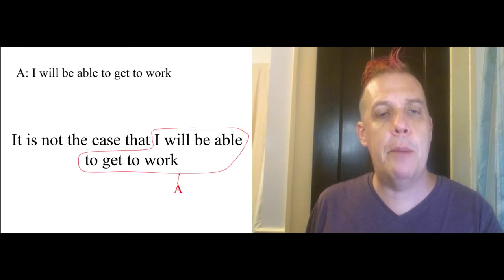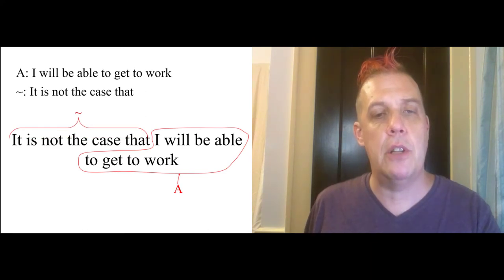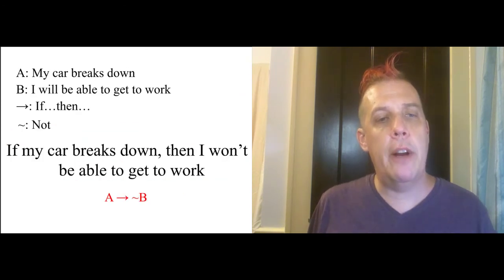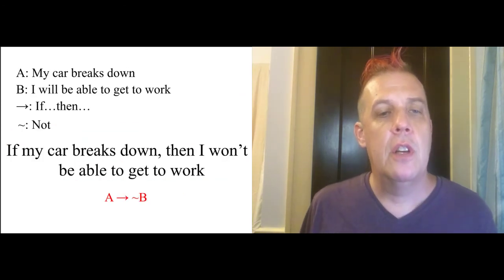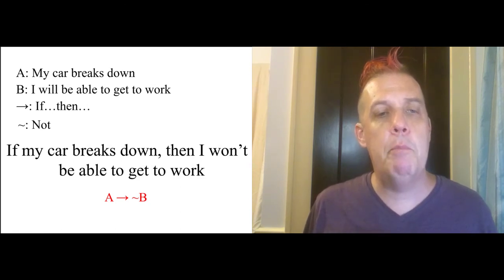So I will be able to get to work is A, and it is not the case that is the negation, the little squiggly line. So now we can write our full statement like this: A, arrow, little squiggly line, B. If my car breaks down, then I won't be able to get to work.